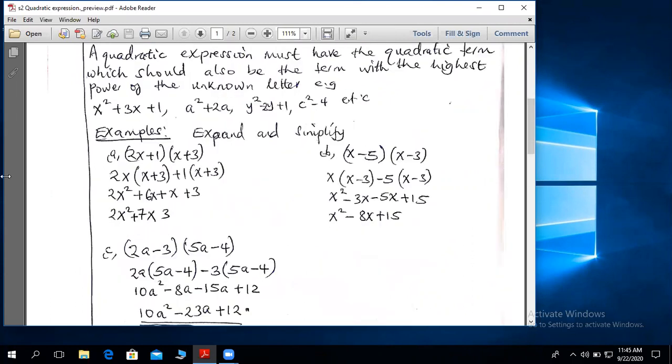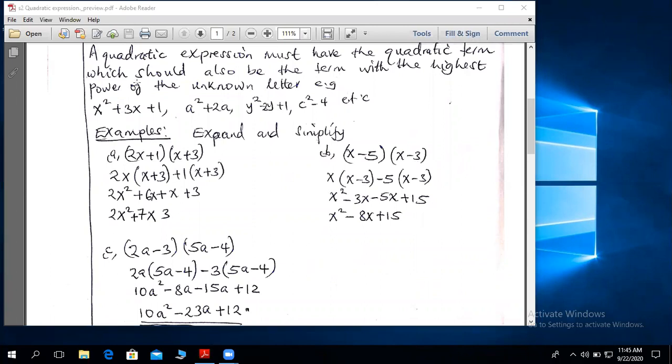Expand and simplify. Here is my first example. Pay attention this time. I want all of you to pass. By the way, without this knowledge of expansion, you can never be good at mathematics. Expand and simplify: we have 2x plus 1 into x plus 3. How do we do this?